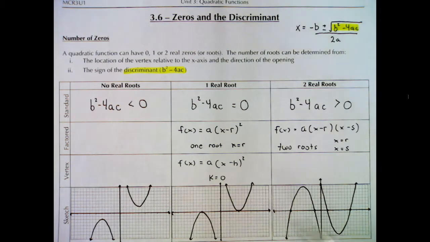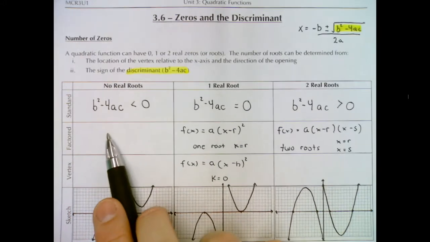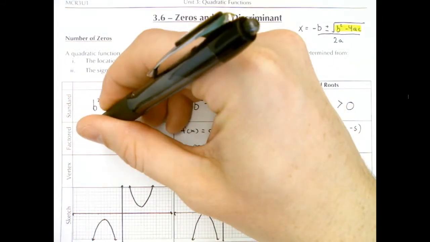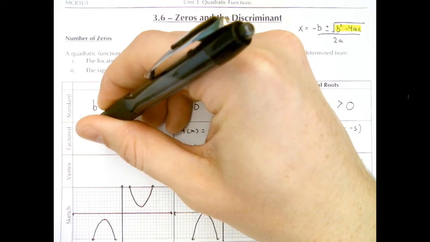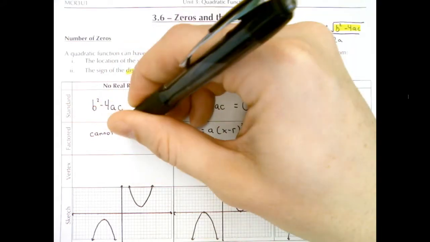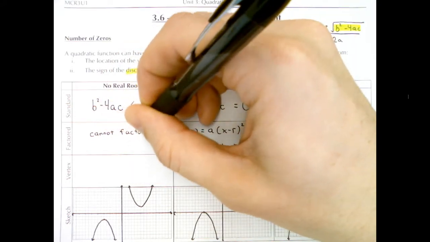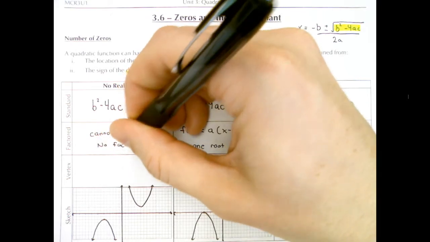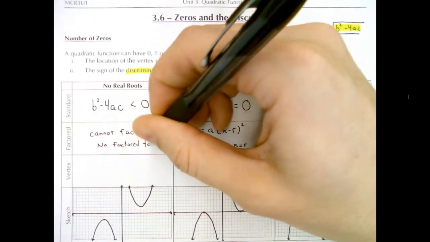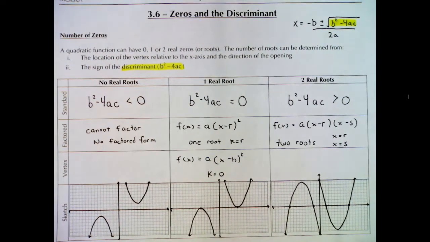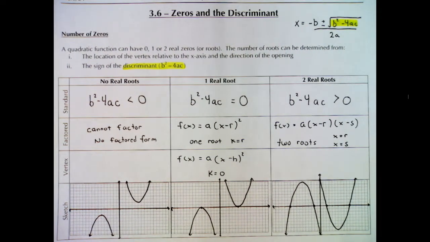What about factored form if there are no real roots? Well, conveniently, for the purposes of this course, we wouldn't write it in factored form. So we'd say, because we cannot factor, there would be no factored form. Now that's going to change next year when we start to use imaginary number sets. We will write it in factored form.